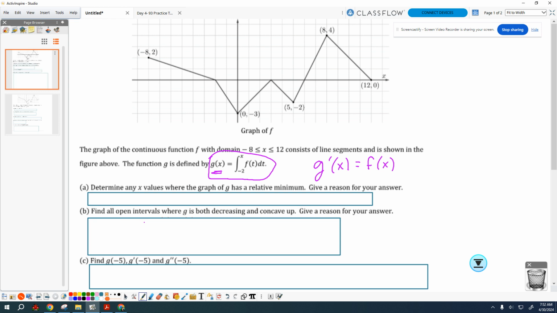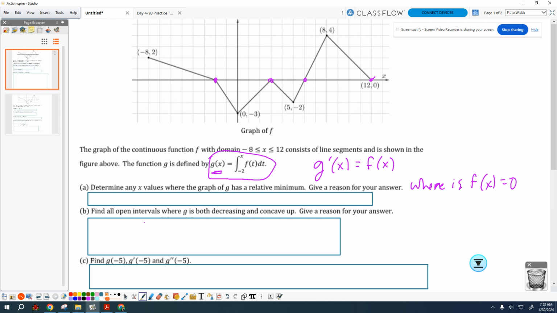Where does G have relative minimums? Now that we have the derivative, what do I look at? Where the derivative equals 0. Okay, where the derivative F of x equals 0. So where is F of x 0? Okay, so those are possibilities.